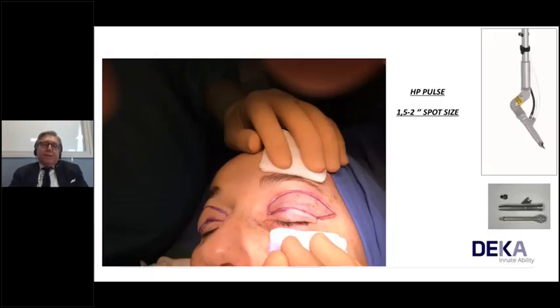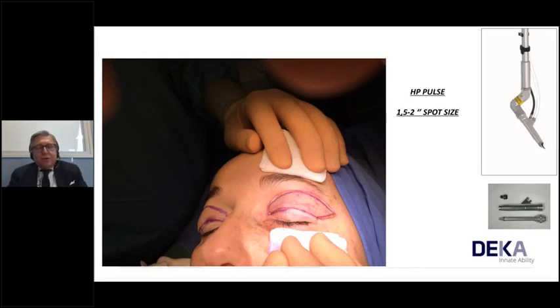This picture is very significant because by using HP Pulse, freehand mode, freehand handpiece, and 1.5 or 2 spot size, we can appreciate the sharp demarcation of the cutting area of the incision.